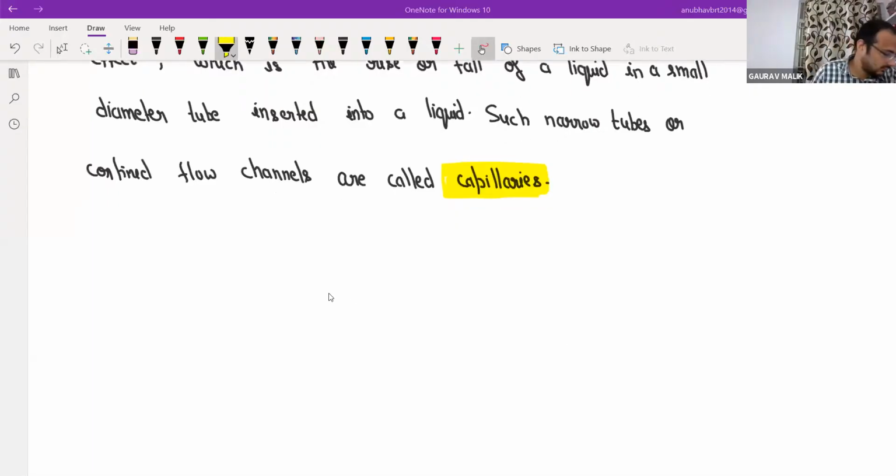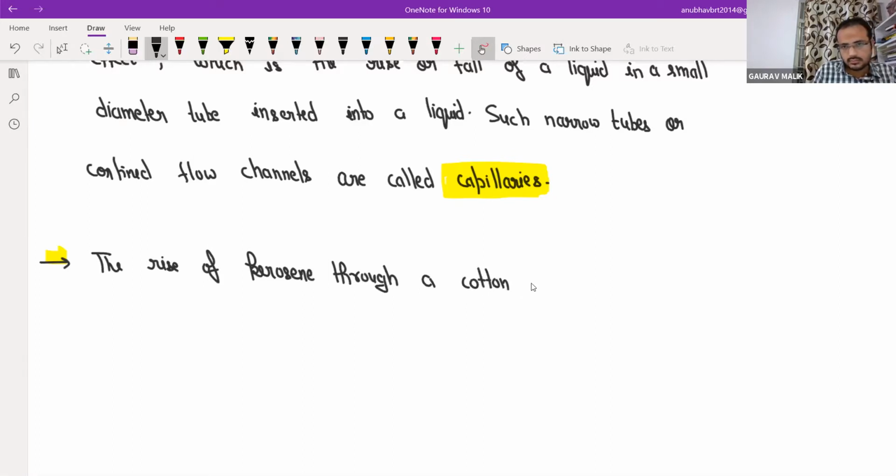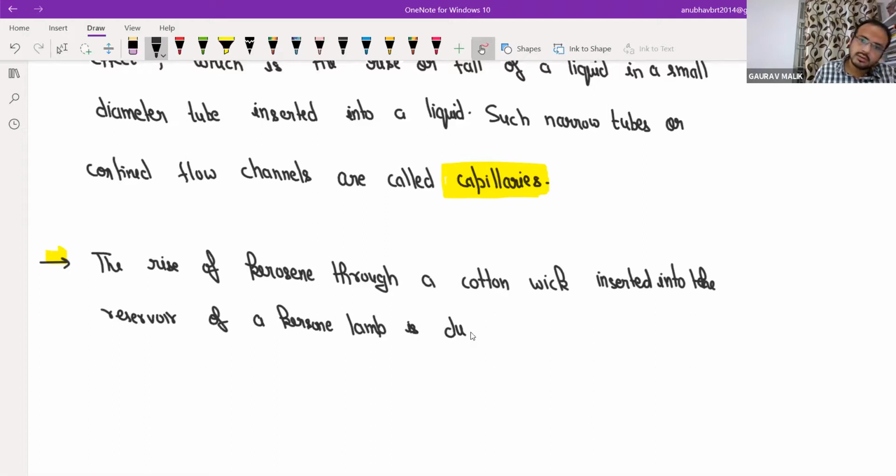Capillaries can take an example. The rise of kerosene through a cotton wick inserted into the reservoir of a kerosene lamp is due to this effect.